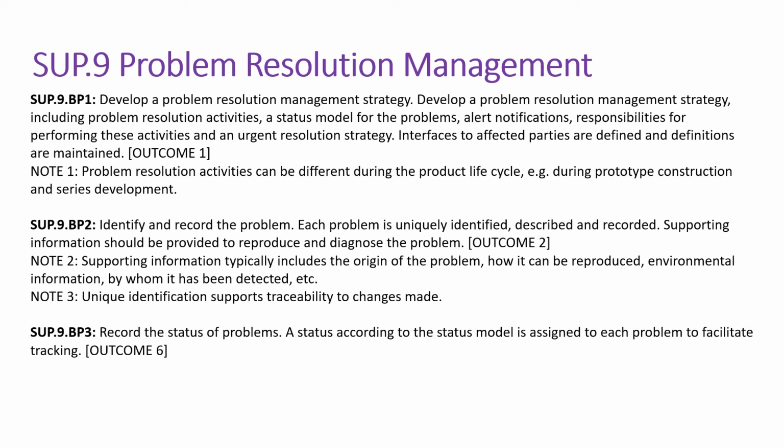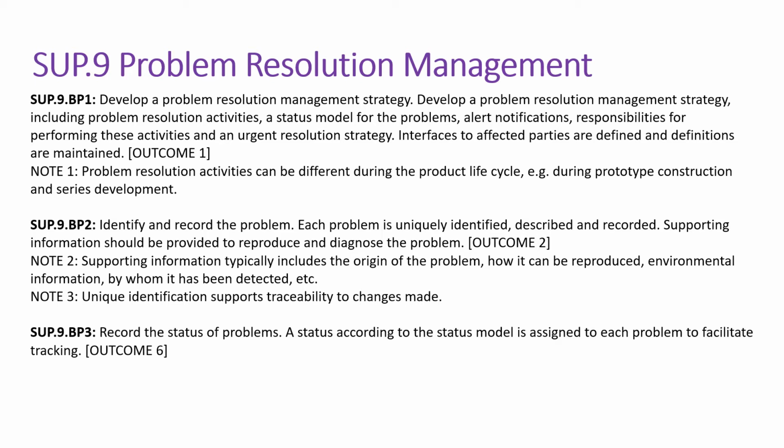Problem resolution activities can be different during the product life cycle, for example during prototype construction and series development. So the complete problem identification and resolution activities will be defined here as part of the strategy, as base practice 1.